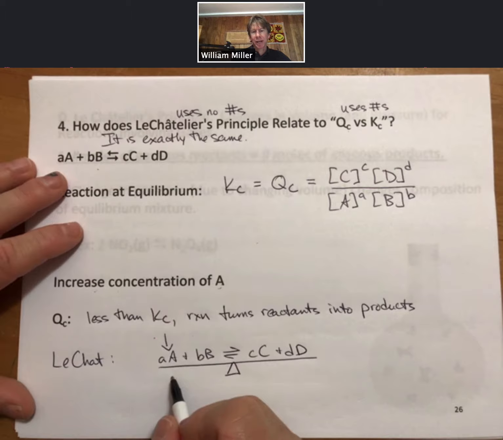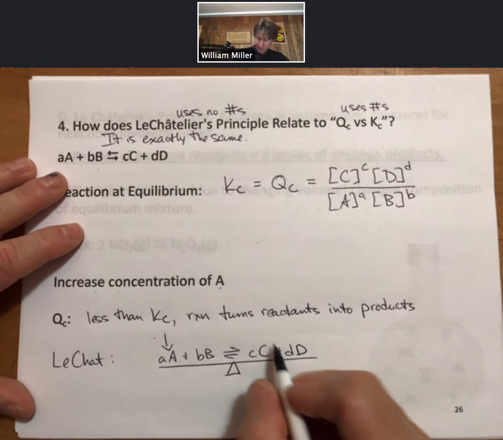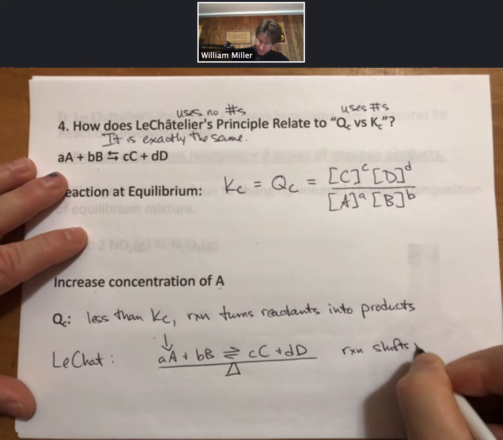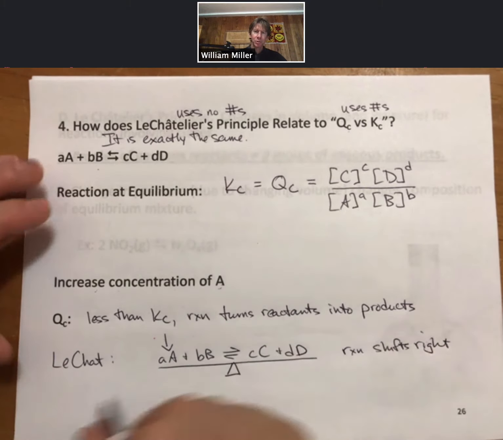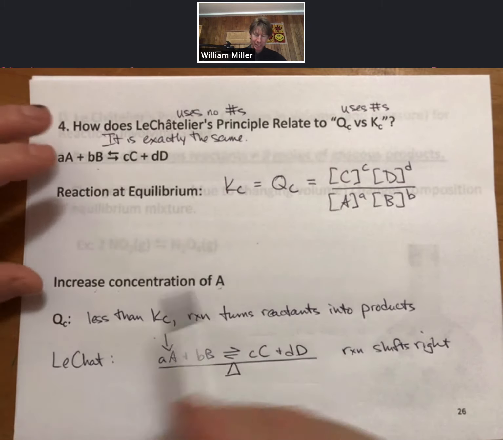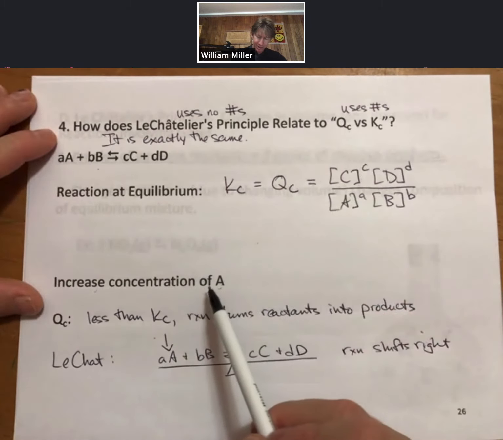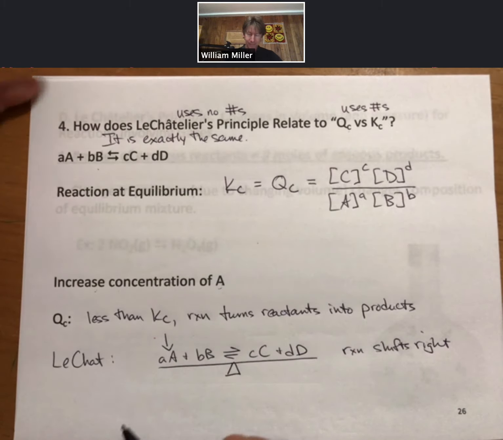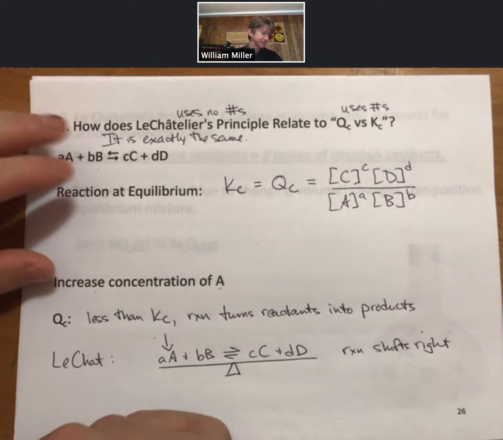Increase concentration of reactants, the reaction shifts right. So they're exactly the same, and we didn't use any numbers there, but if we said increase the concentration of A from 0.1 to 0.2 molarity, we could have done numbers there.